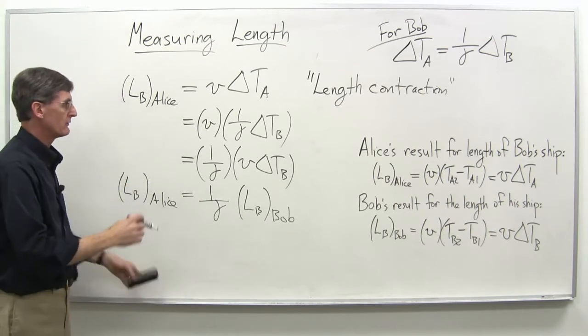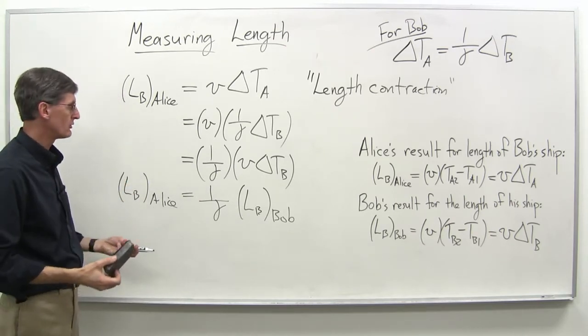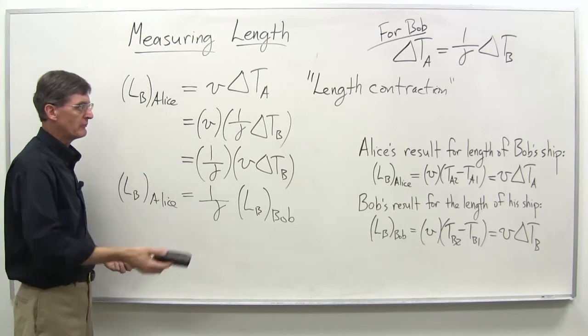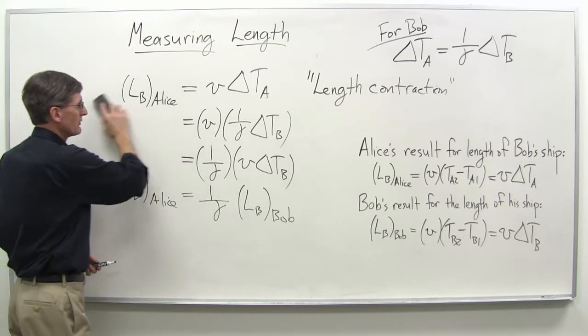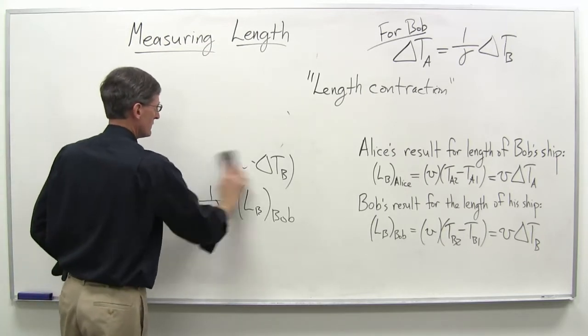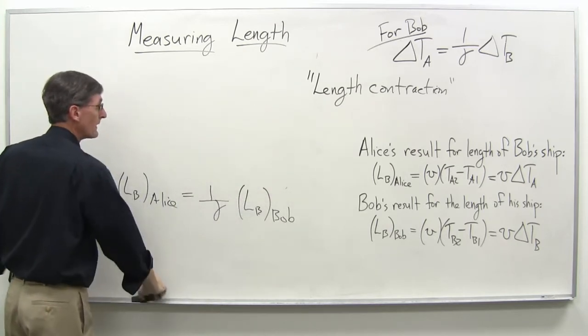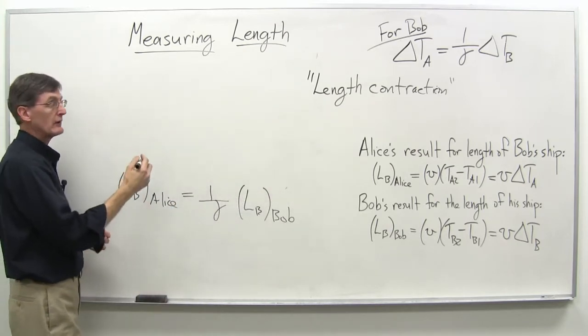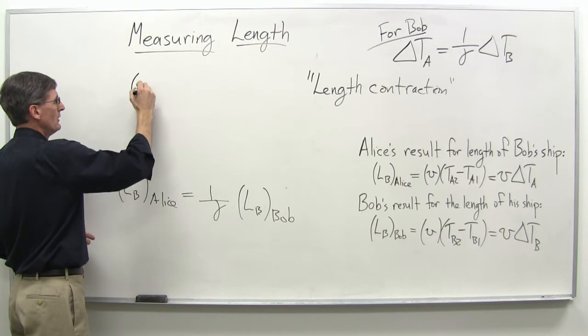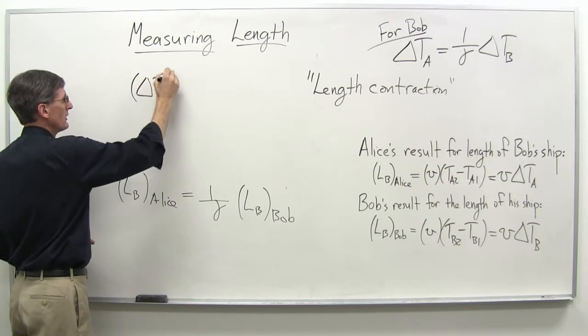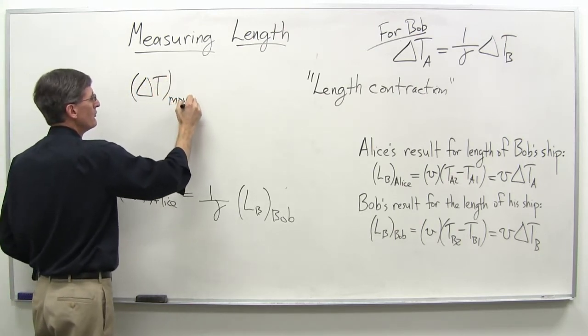So let's write our two equations in general terms here because we've been using Alice and Bob with them. For the time dilation equation, we have delta t moving.